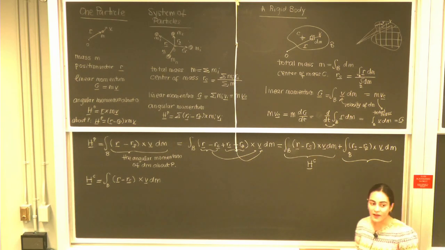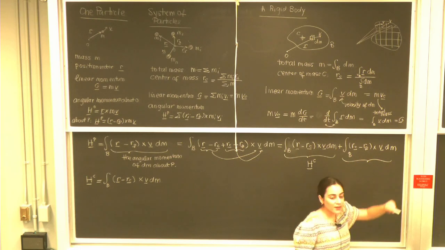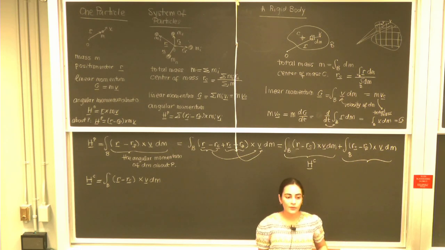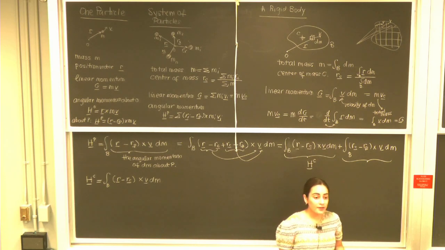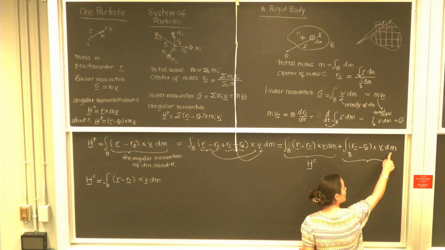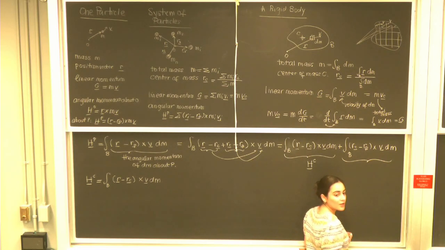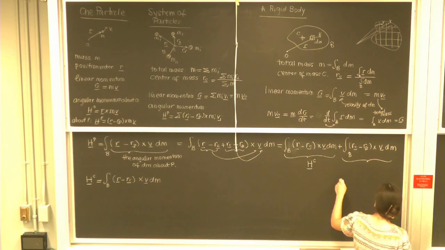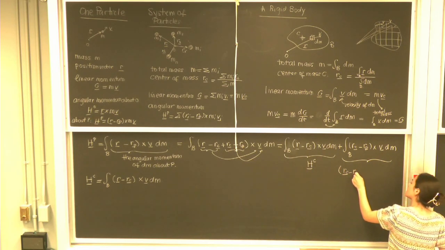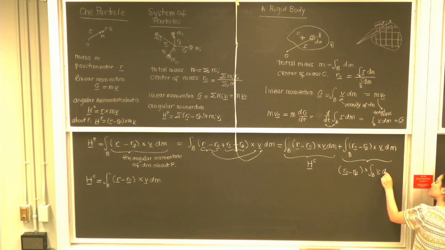Do C and P depend on the particular dm we're integrating about? No, right? So C and P are constants with respect to this integral. V depends on the particular dm, right? As dm changes, V changes. But C and P are not going to change if I change dm. So they are constants with respect to dm. So I can take them outside the integral. I can write rc minus rp times the integral of v dm.